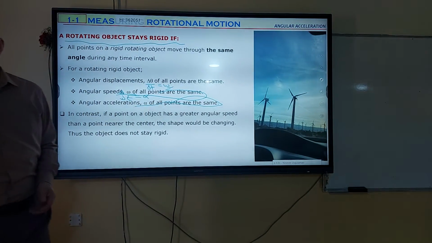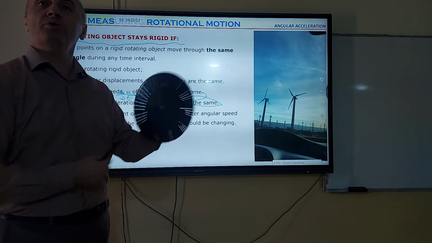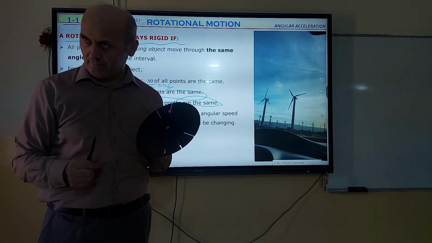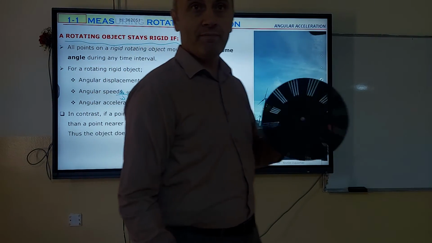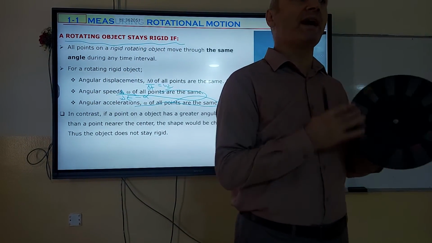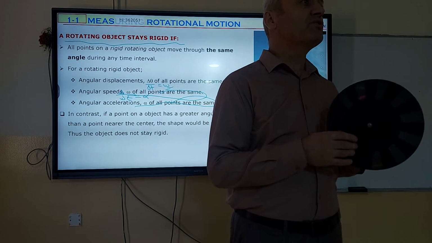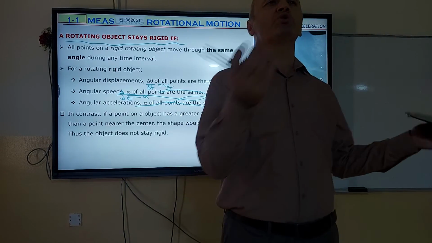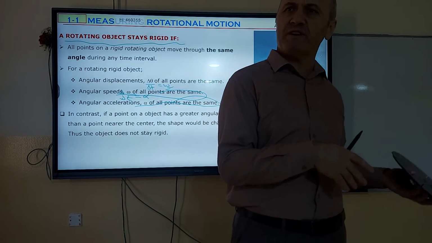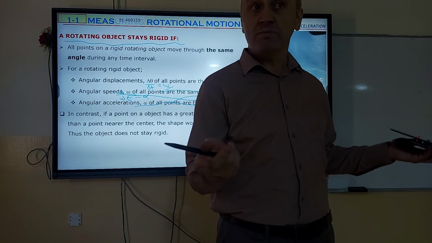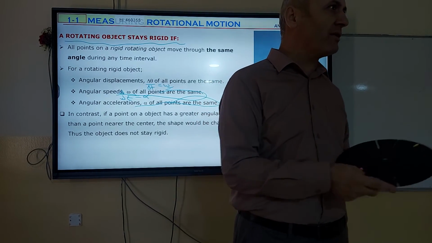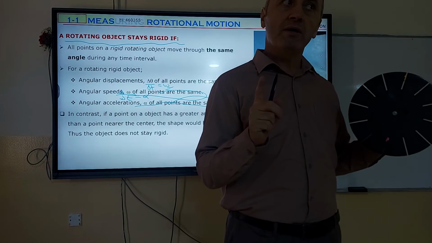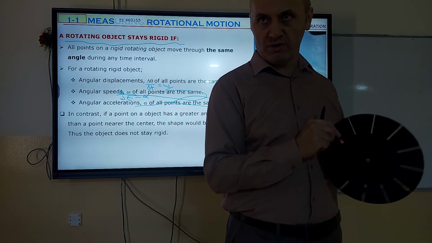For a rigid object, all rotational quantities of different points should be the same. But if not the same, you are going to say that this object is not rigid and its shape would be changing. Angular speeds could be different, angular displacements could be different, or angular accelerations might be different. In this case, we say that this object might not be rigid.